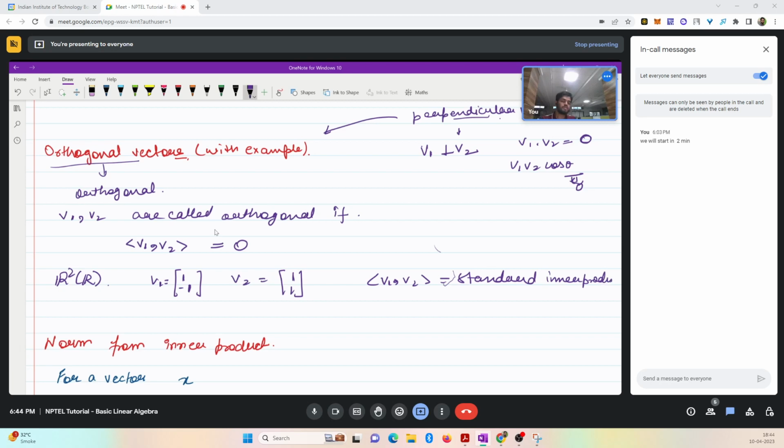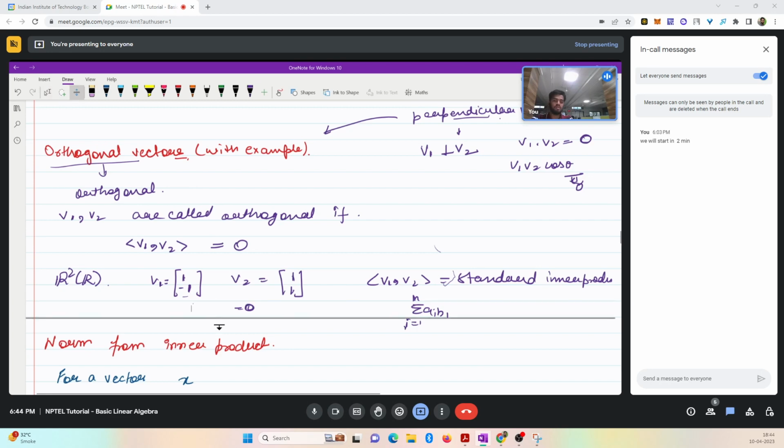What was the standard inner product? This is nothing but the summation of a_i b_i conjugate, i equal to 1 to n, but because everything is from real numbers, this is nothing but your dot product. So you can verify that v1 dot v2 is nothing but 1 into 1 plus -1 into 1, which is equal to 0. So these two are orthogonal vectors.